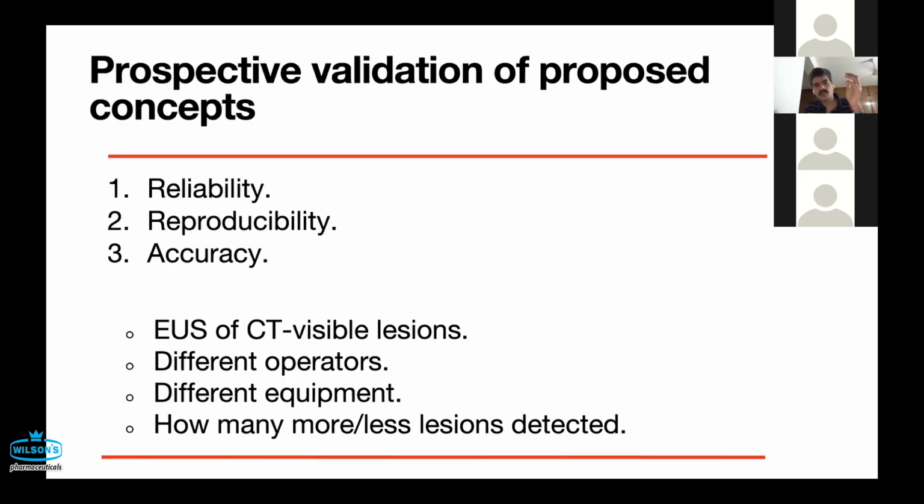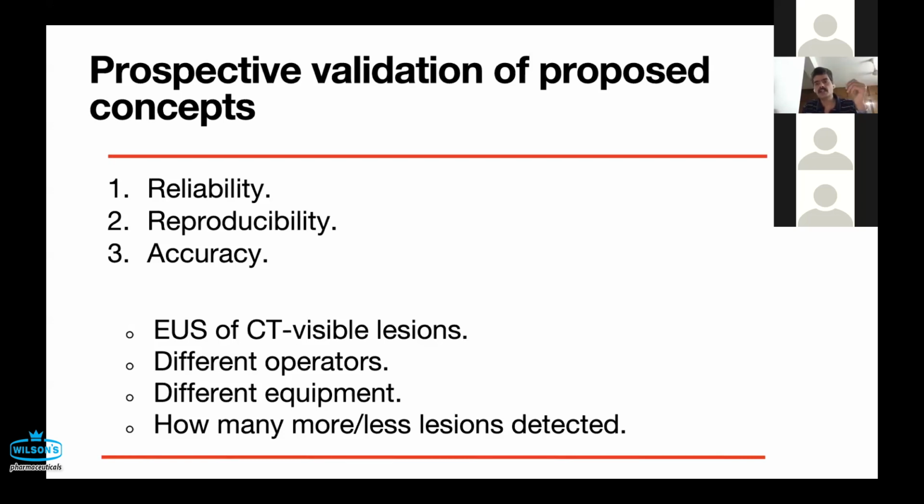Now, all of this I have told you, but we need further studies of the reliability of what I have told you, reproducibility, which means how many endosonographers can reproduce all of these, and how good is our accuracy in picking up these lesions. So my proposal is that you see CT visible lesions, and then you try to make corresponding EUS imaging in the beginning to train your eyes and hands.